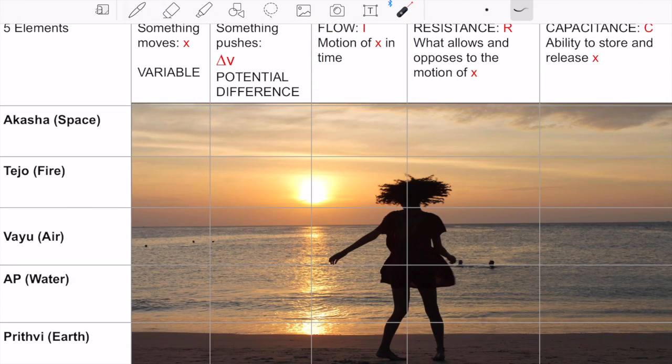And of course, if something moves, there must be a path for these variables to move, right? So this is the concept of resistance, what allows and opposes the flow, the motion. For example, in the earth, what allows and opposes the motion of bodies is what we call friction.